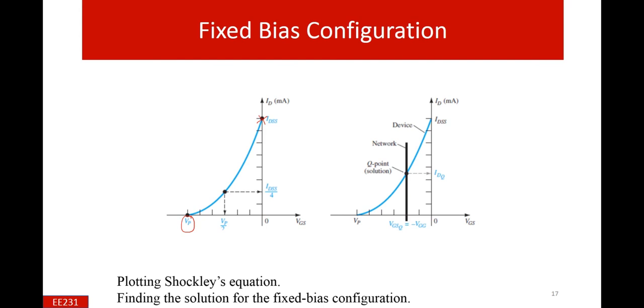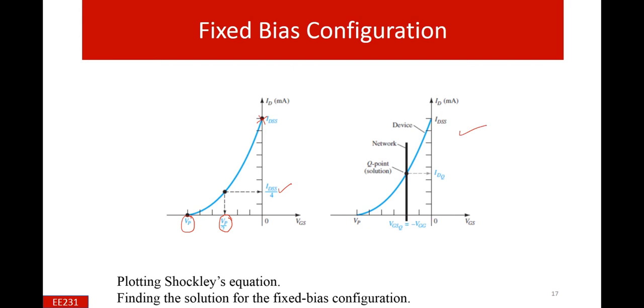It is a VGS with some negative value, as shown in the circuit where we are applying some negative battery. And when we apply half of the pinch-off voltage, we have a quarter of the current. These type of solutions for current and the other parameters can be found through graphical representations.